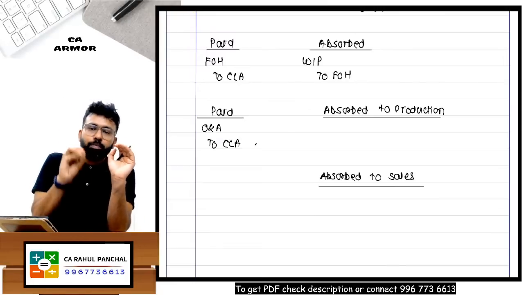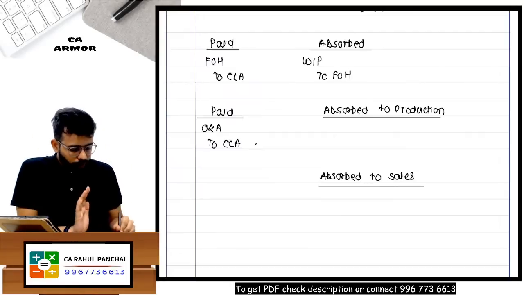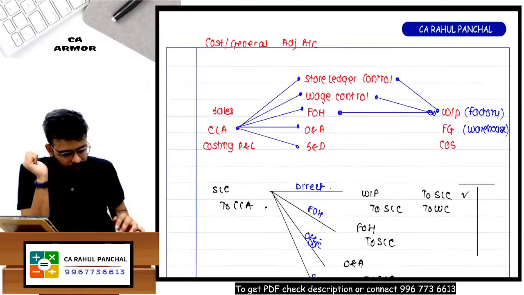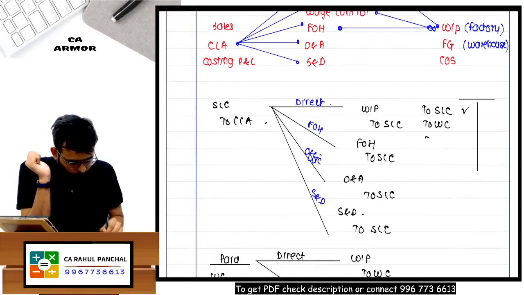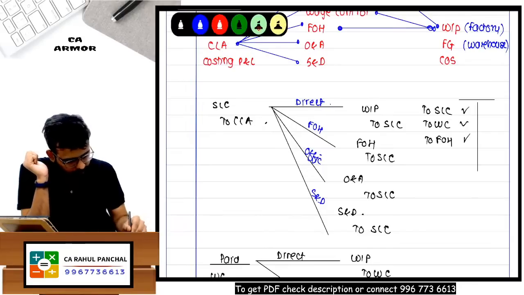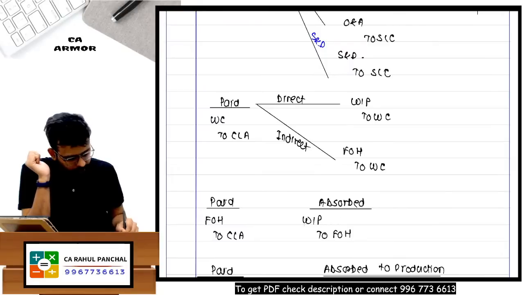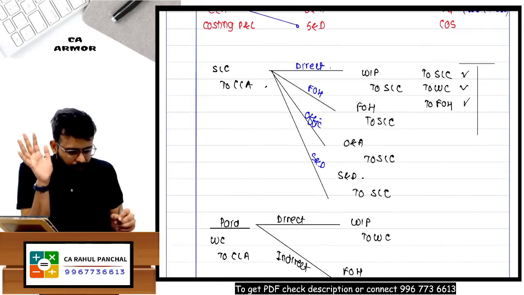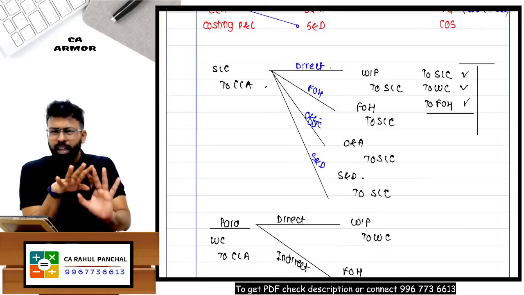Now when you absorb this to the production activity, please understand, it is very important. Here you have written factory overhead also, that has been absorbed. WIP to FOH, that has been absorbed. Now I'm going a little into detail so that I can make you understand.